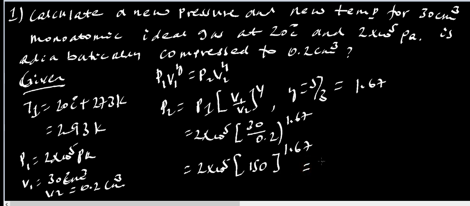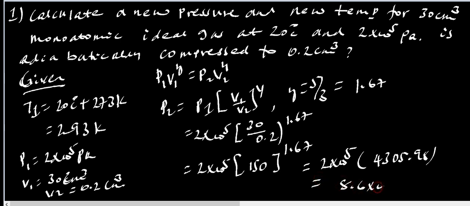Multiplying, we get 4305.98, and then 8.6 times 10 to the power of 8 Pascal. This is P2, the new pressure.